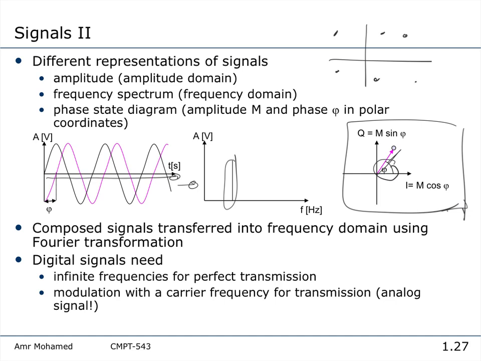So if you have different dots like this, each of these points represents one sine wave with a certain phase shift in the time domain. In the IQ diagram they look like points, and based on the difference between these points, we can derive some probability of error, as we will see. So this visual representation helps us a lot.